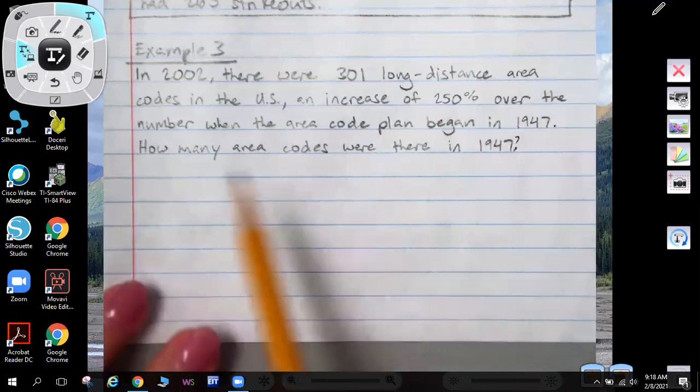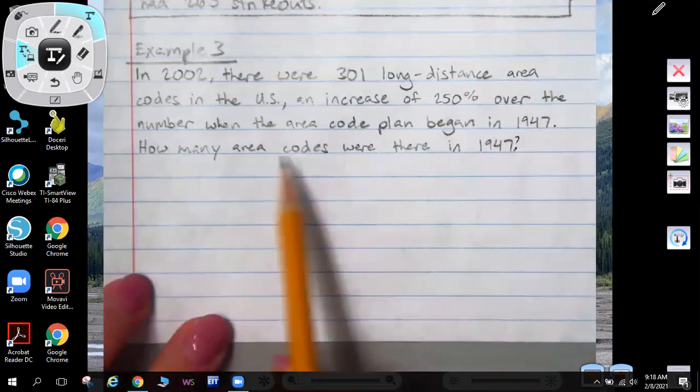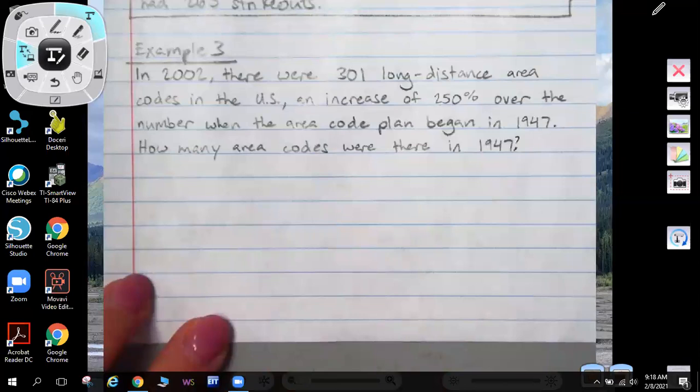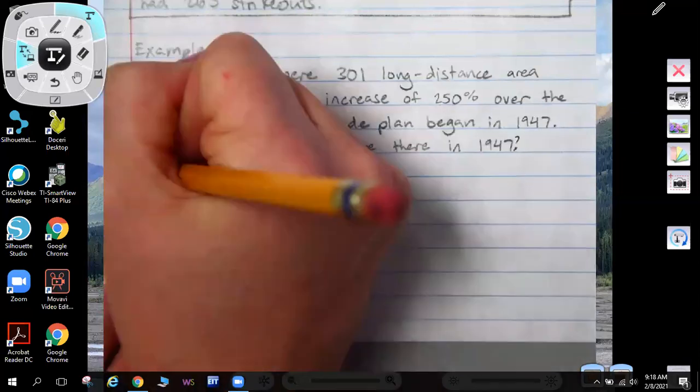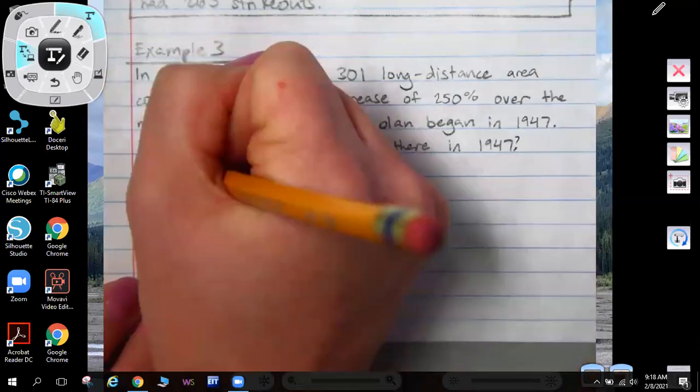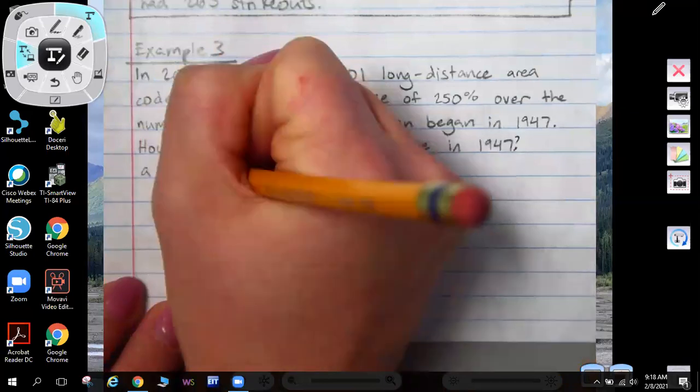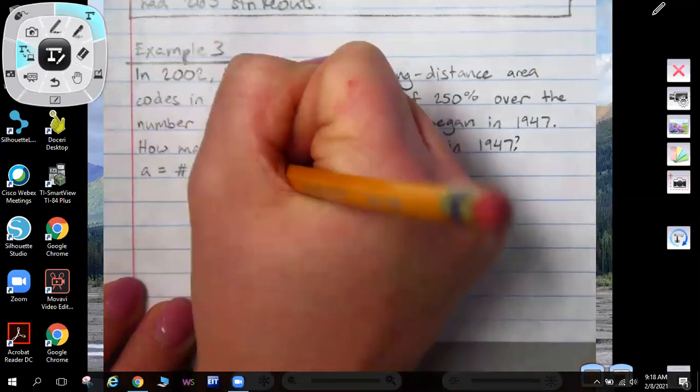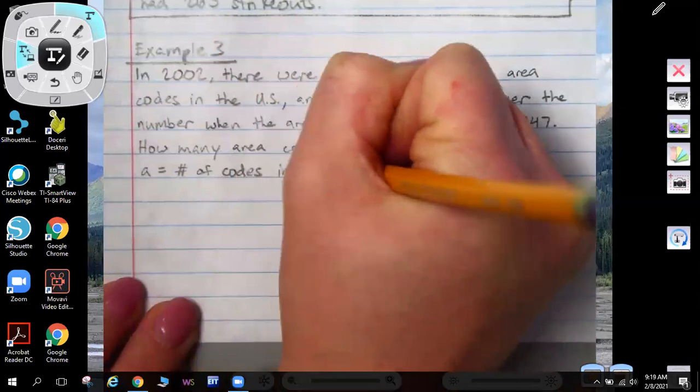So the unknown value is the number of area codes in 1947. We assign a variable to that. I'll just use A for area code. So A is going to represent the number of codes in 1947.